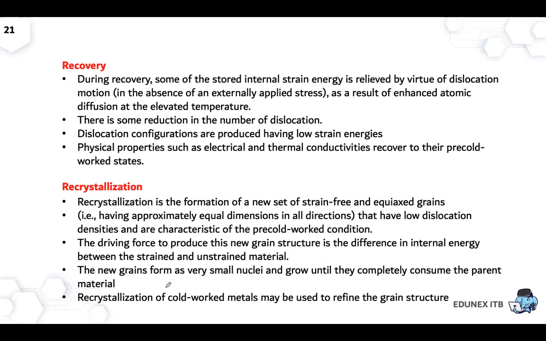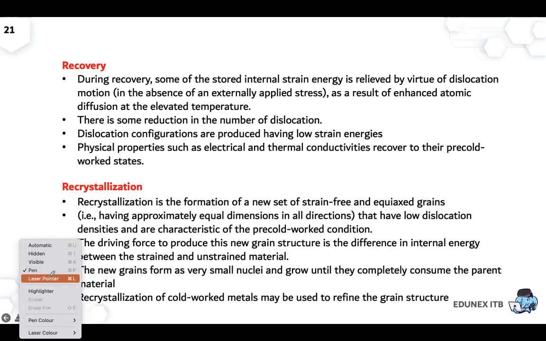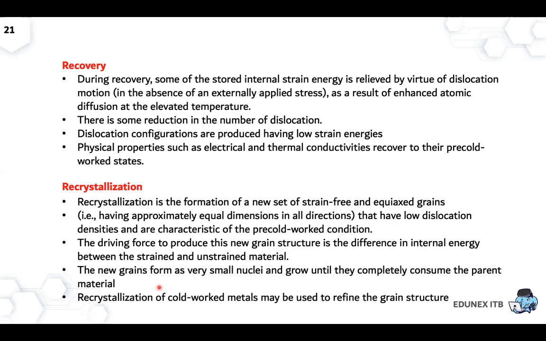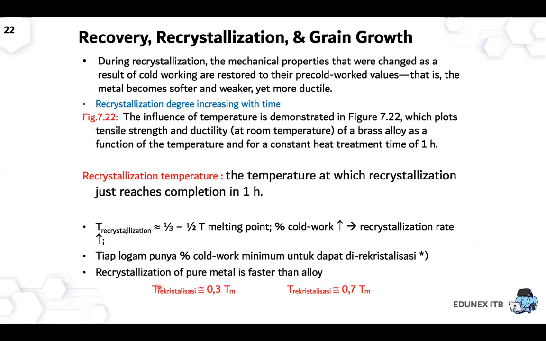The recrystallization of cold-worked metal may be used to define the grain structure. Recovery happens at quite high temperature, 500, 600 degrees or so, and then we keep it for some time, and it will have recovery and recrystallization, and after that grain growth.